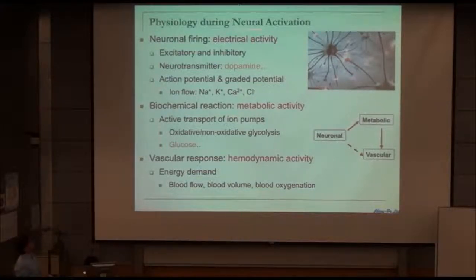Underlying the electrical activity, there is also some metabolic activity that must happen to support such neural activity, and also hemodynamic activity, because we need more blood, or fresh blood, to support the neural activity. So actually there are different kinds of activity happening there.